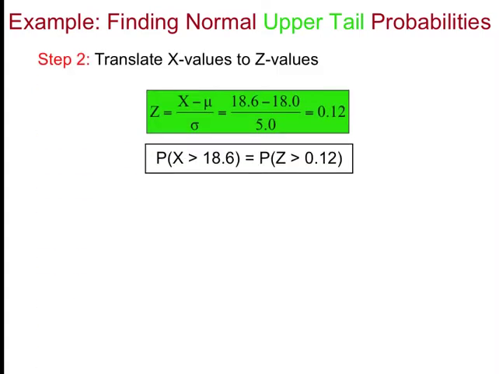Next, we translate the x values to z values as we have already done before, putting in the value of 18 for the mean and 5 for the standard deviation. We have z equal to 0.12.